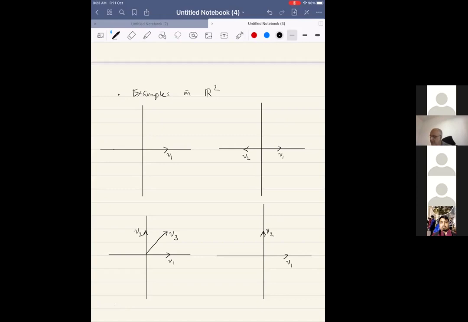Okay, so I have actually given you four finite subsets of R2. Here the subset consists of one vector. Here it consists of 2 vectors, both along the x-axis. Here it consists of 2 vectors, one along the x-axis and one along the y-axis. And here there are 3 vectors, one along the diagonal.